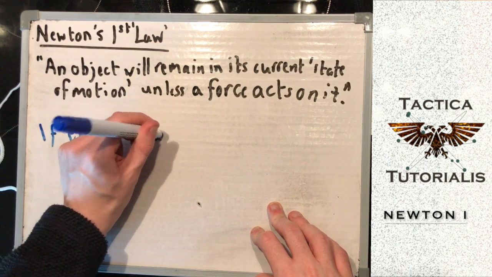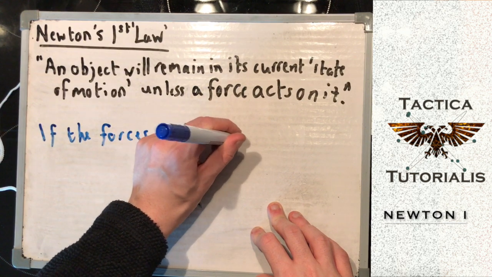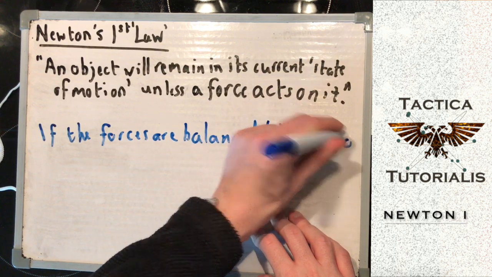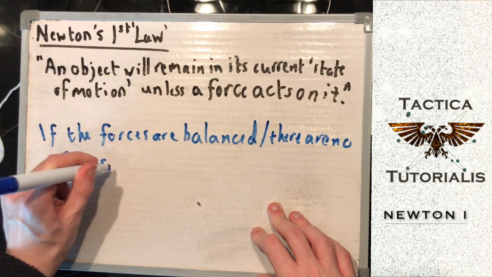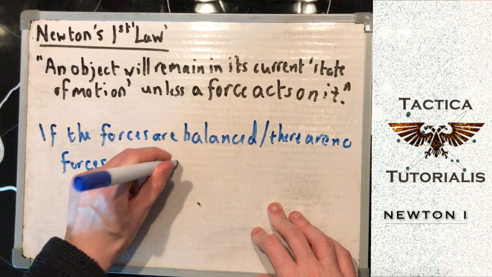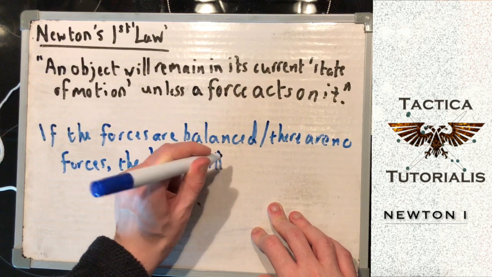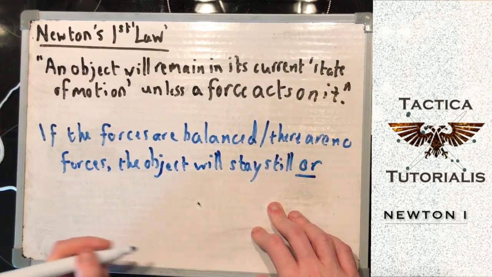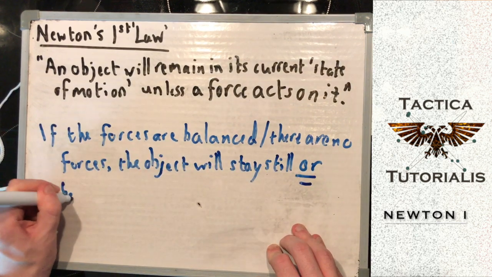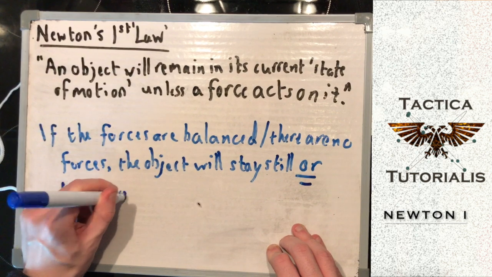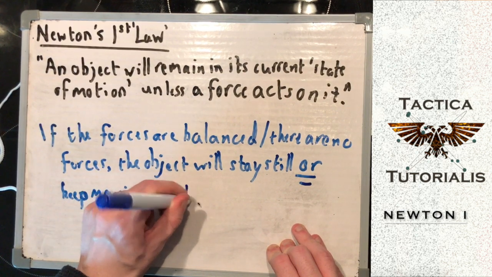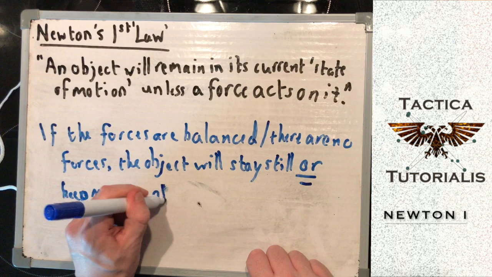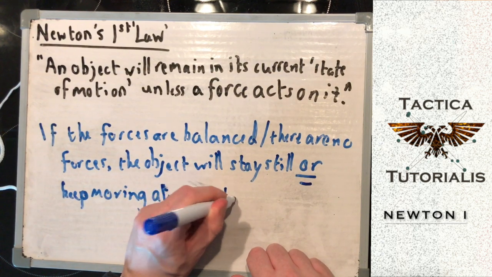So if we have what we call balanced forces, or there are no forces, the object will stay still, or, and this is a big or, keep moving at a constant speed.